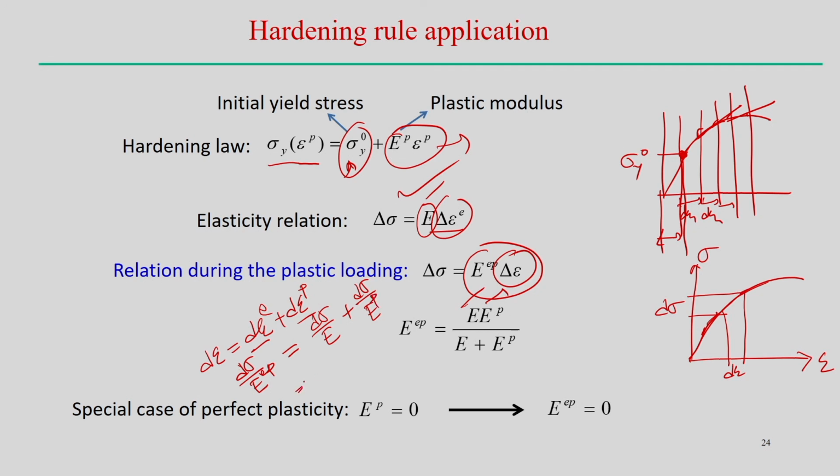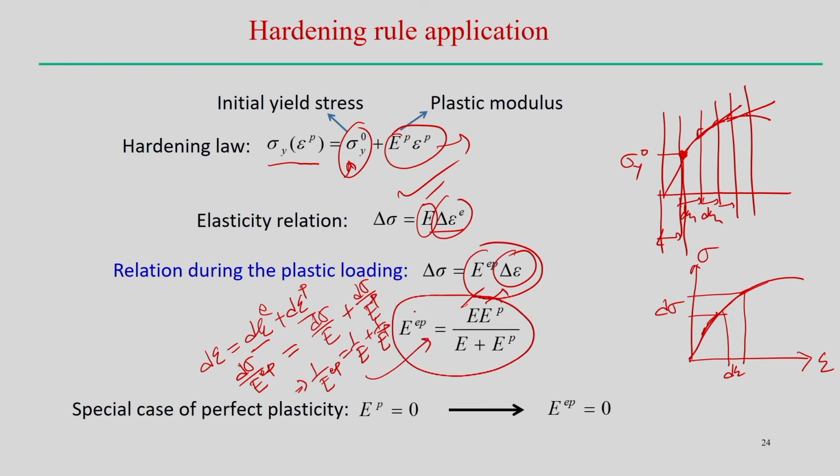So, if we combine these, 1 by E elastoplastic equals 1 by E plus 1 by EP. From there we can say the elastoplastic modulus can be calculated by combining both the plastic modulus as well as the elastic modulus, and then we can reach this expression.